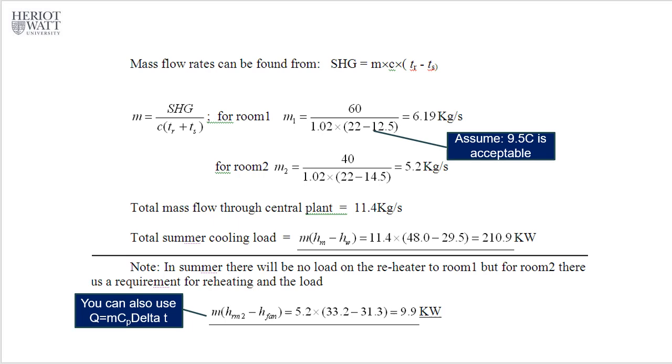Okay, and then you can calculate reheating, right? So you find again the after-coil state, and the supply temperature is 14.5, and then you can find the reheating load for the reheater for zone 2.